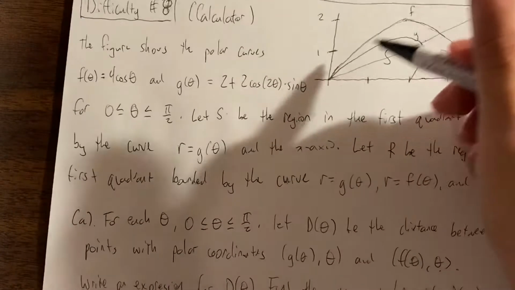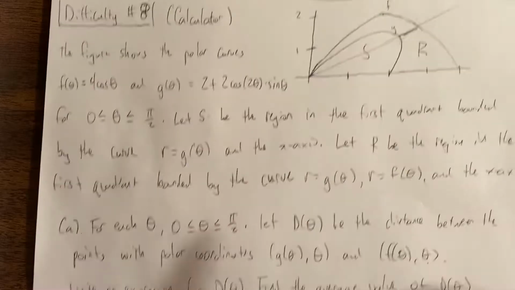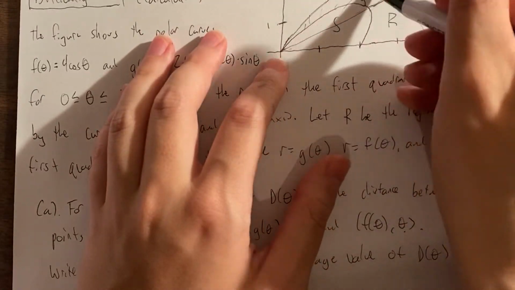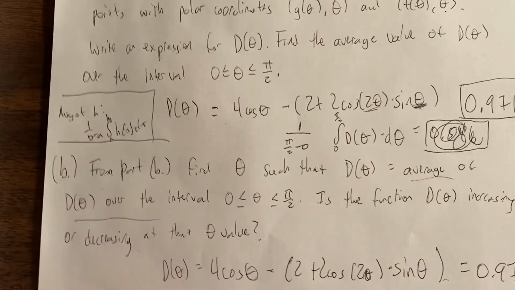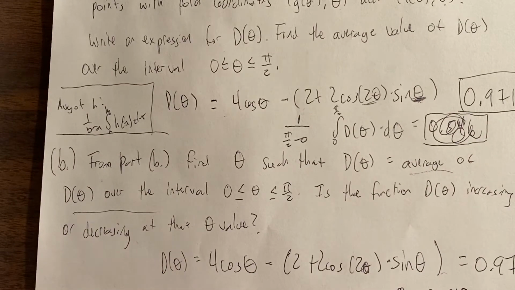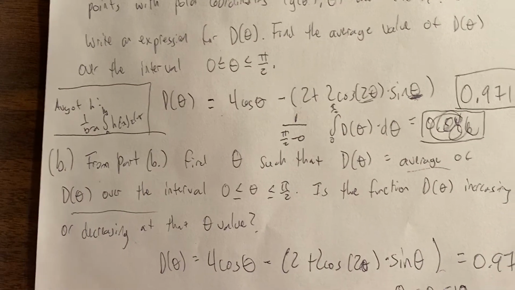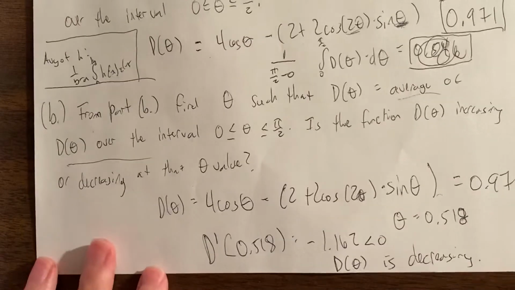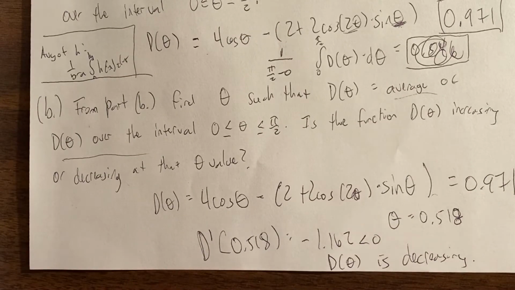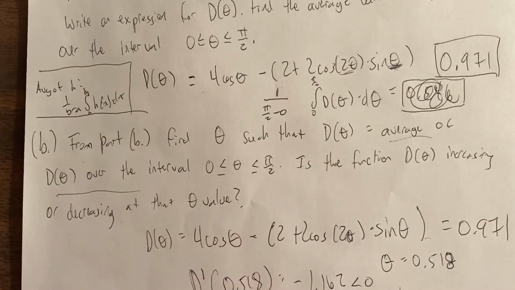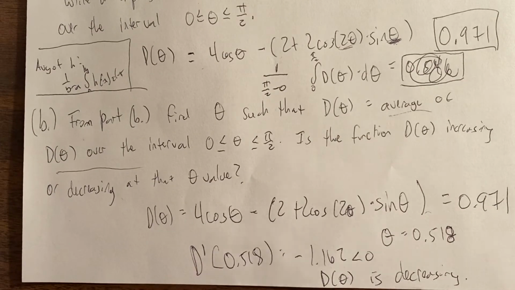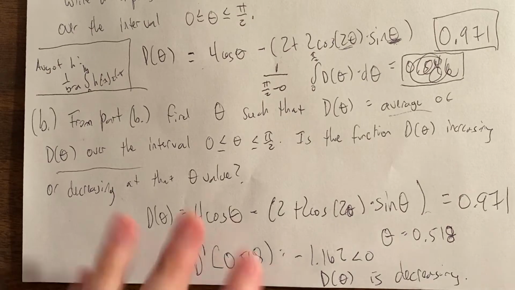So basically at this radians, this distance is equal to this number right here, which is the average distance of all of these distances in the entire region. And then it asked a further question, which is finding whether the distance is increasing or decreasing at this value. So all we did was we took the derivative and we saw that it is decreasing because the derivative is negative. So again, this question actually didn't involve the normal questions, so that's why it's a little bit trickier.